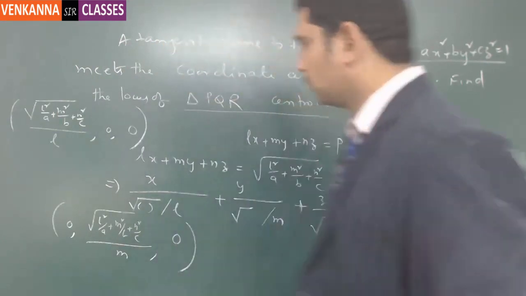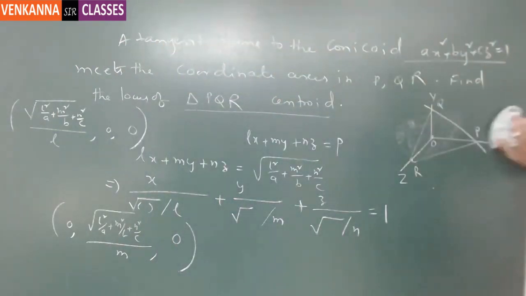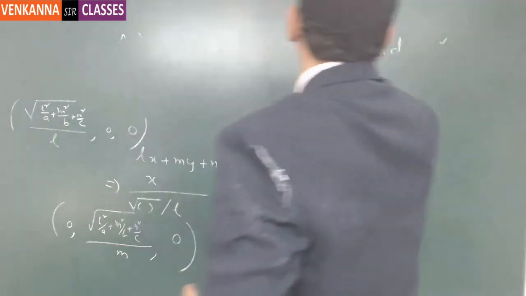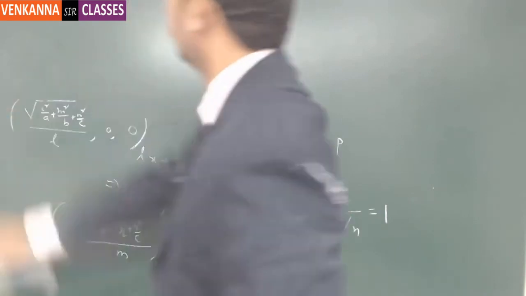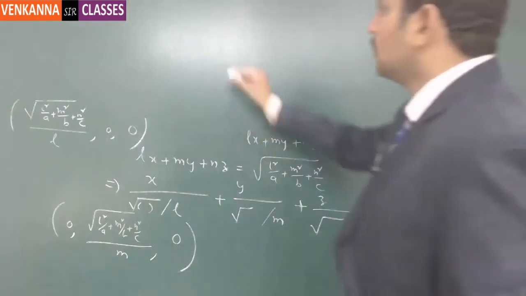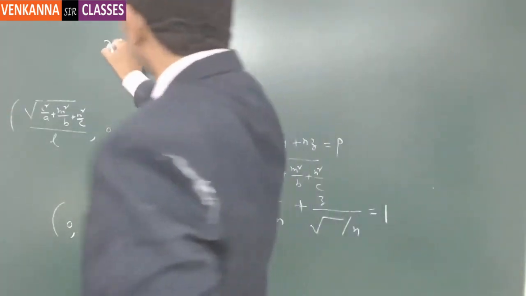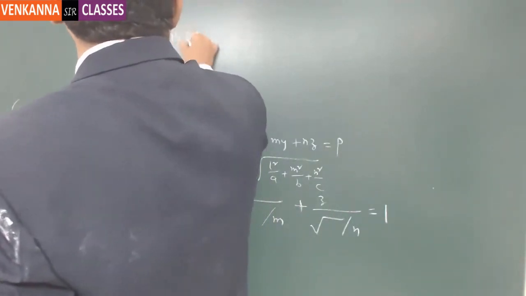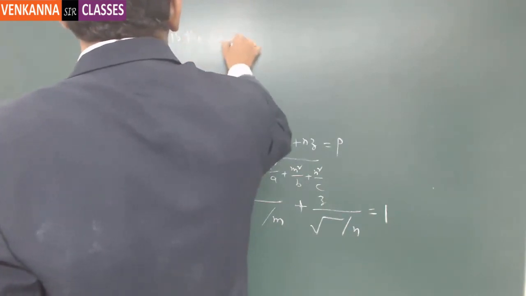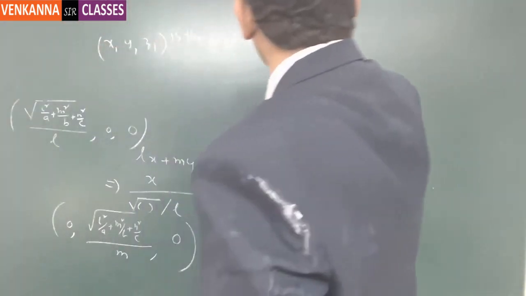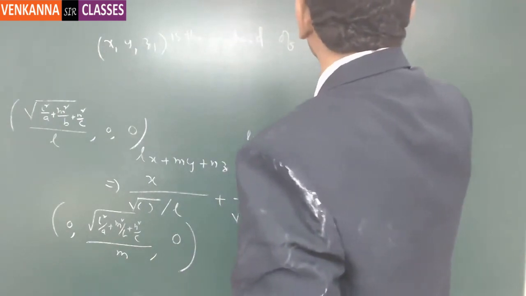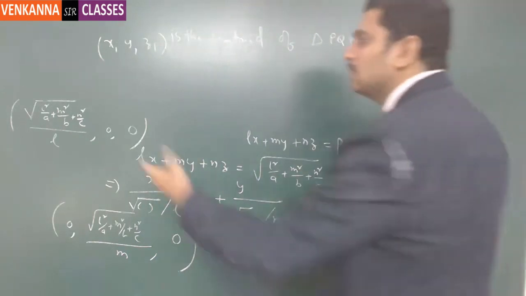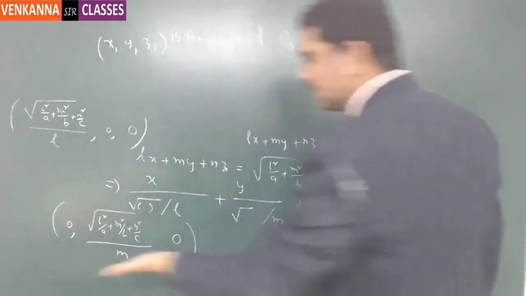Right. So, since we are calculating the centroid of the triangle, let us take that x1, y1, z1 is the centroid of triangle PQR. You have got all the three vertices, first vertex, second vertex and third vertex.